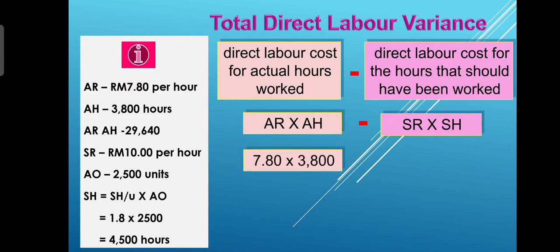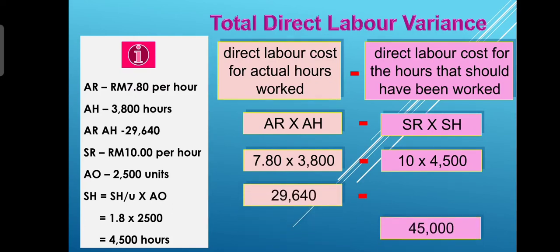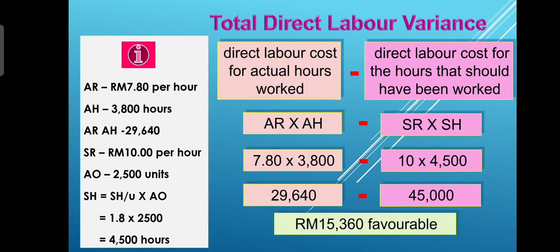ARAH 7.80 times 3,800 hours minus SRSH 10 times 4,500 hours. So the answer is RM15,360 favorable. Because the actual direct labor cost is less than the standard direct labor cost.